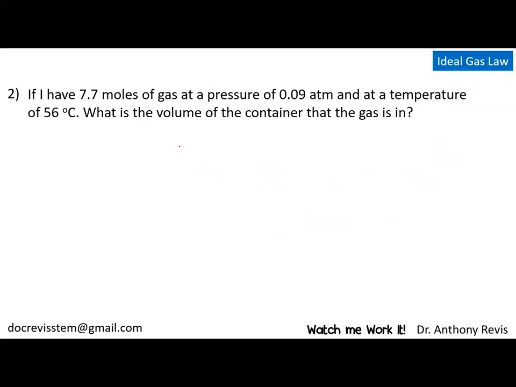Let's do another one here with the ideal gas law. I've already told you it's a gas law, but you would discover it from marking it up. If I have 7.7 moles, so that's going to be N of gas at a pressure of that number ATM, that's pressure, and at a temperature of 56 C. So right away, I see that's 56 C. I'm going to change that temperature right away, plus 273, so I can keep my eye on it and won't lose track of what that temperature should really be.